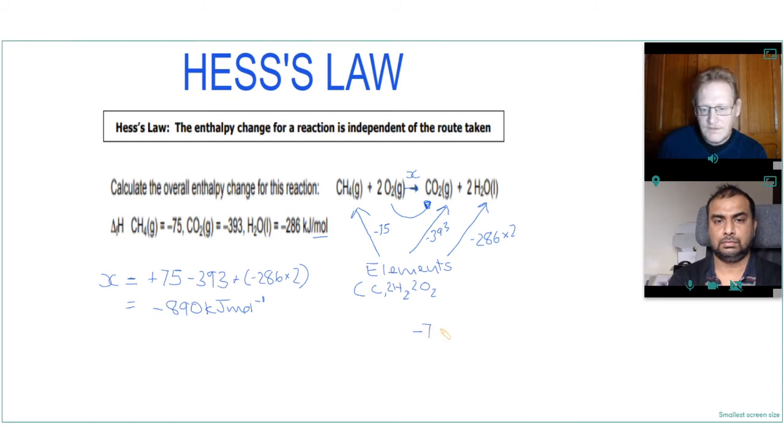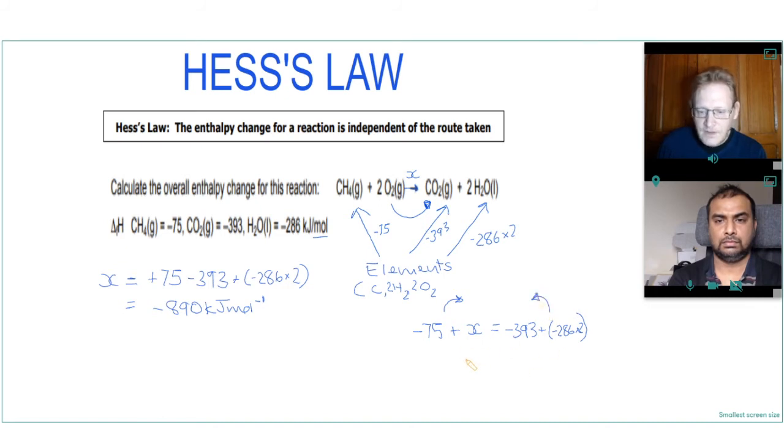We would therefore say that minus 75 add X, the clockwise arrows, is equal to minus 393 add minus 286 times 2, the anti-clockwise arrows.